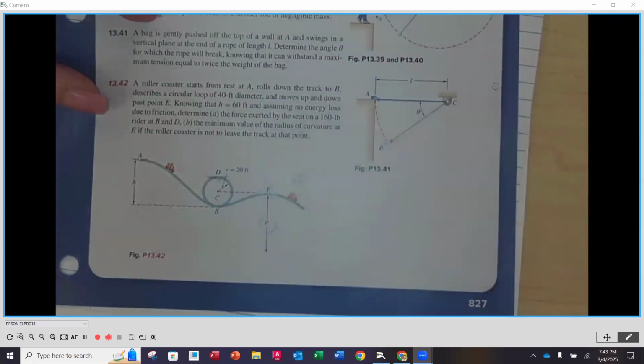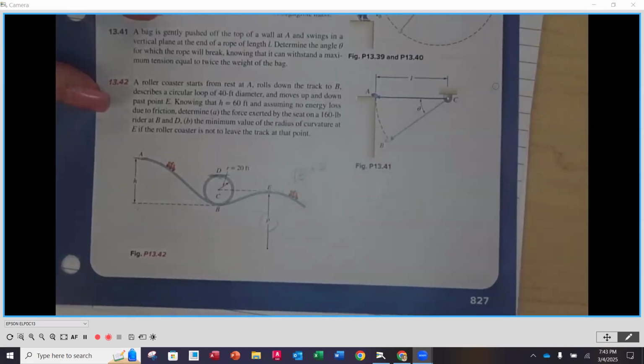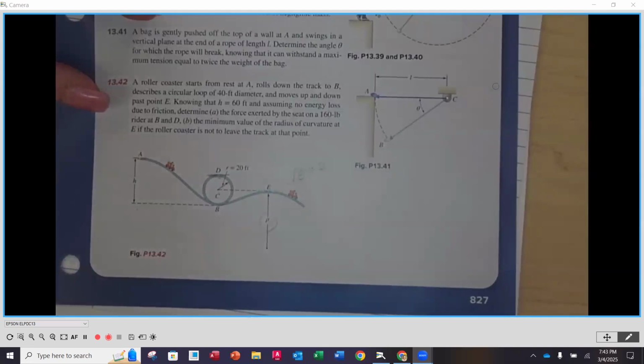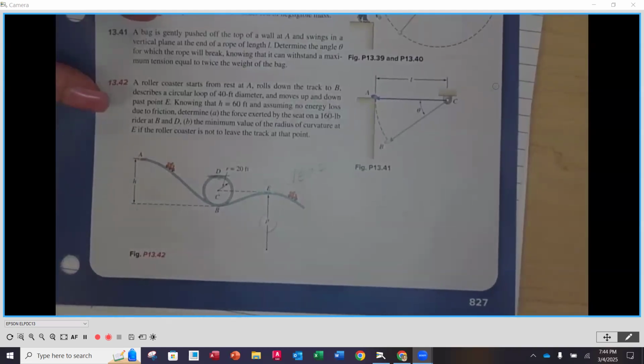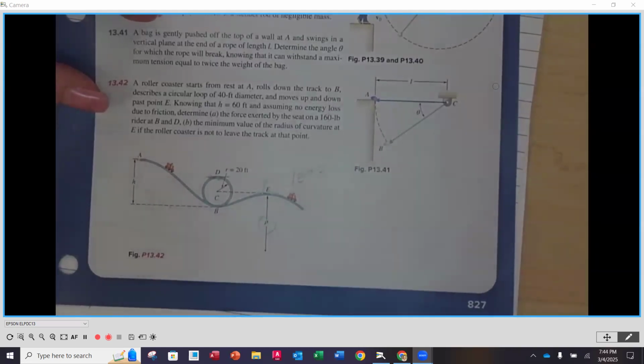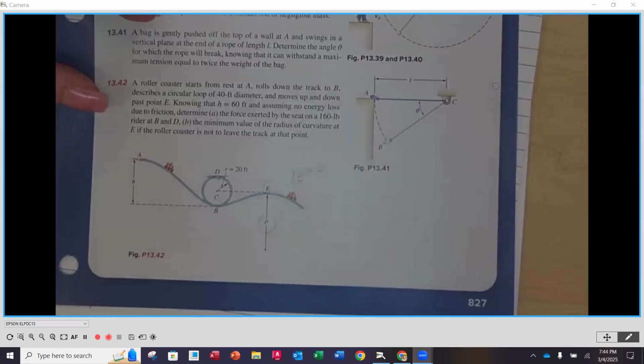It's going to be that point right when you're not leaving the track, but you're feeling like you're not on it. So that would be the minimum radius that you would need at that point. So you would set it up the very same way, but then you're solving for rho, the radius of curvature. Is that helpful, John?